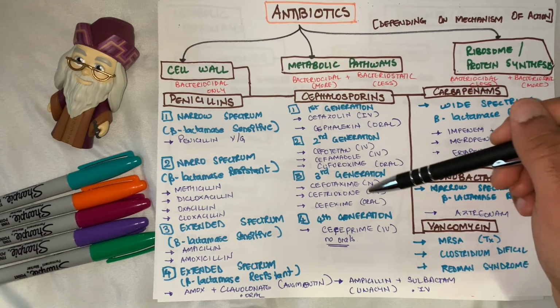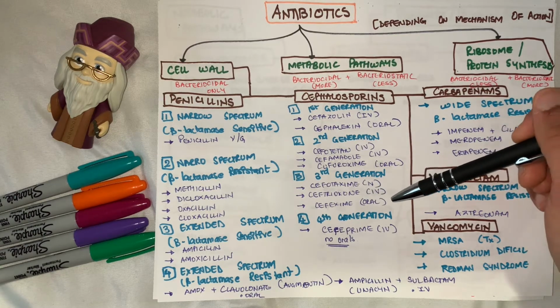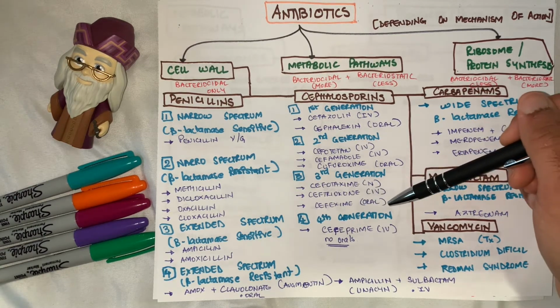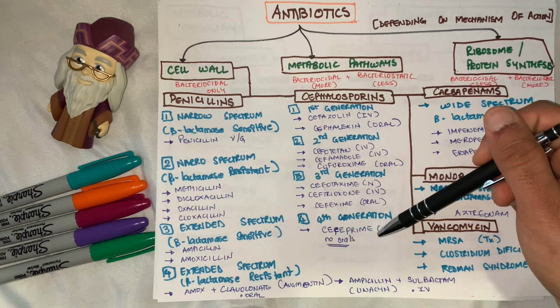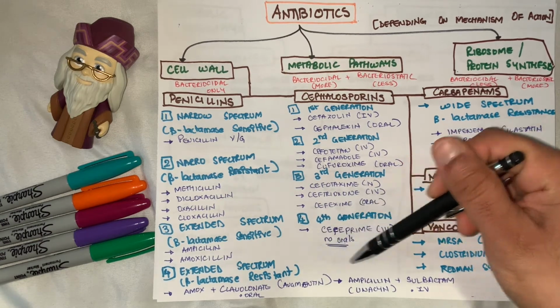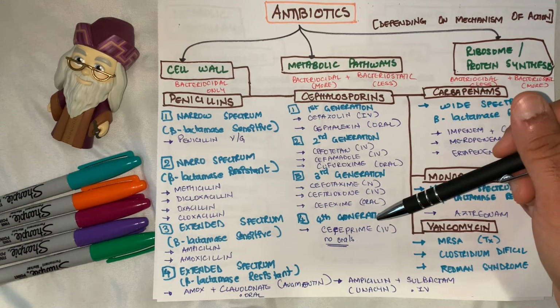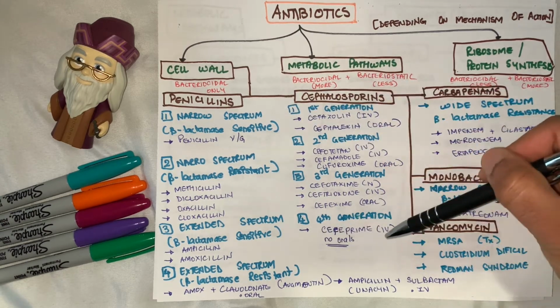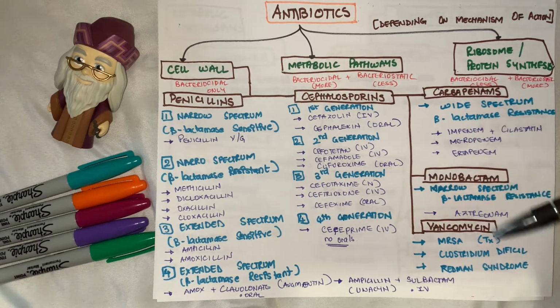Third generation, we have cefotaxime given IV, ceftriaxone given IV, cefixime given orally, and fourth generation is cefepime given IV, and the fourth generation does not have any oral drugs. I know these names are very confusing and you can mix them up, but these are important to remember, and specifically the oral ones.